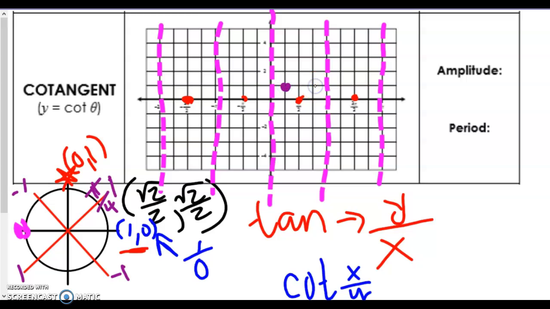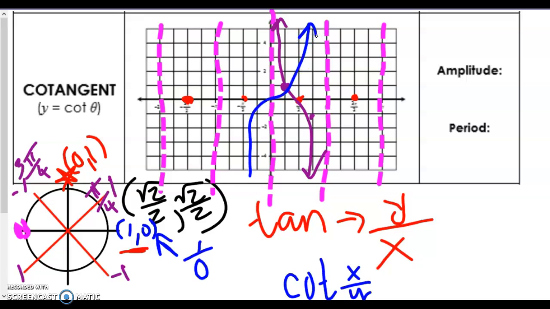And then this one right here, that's 3 pi over 4. At 3 pi over 4, it's negative 1. Ooh, even the graph is reciprocaled from the tangent. Because the tangent, I'm going to quick draw it in, went like that.